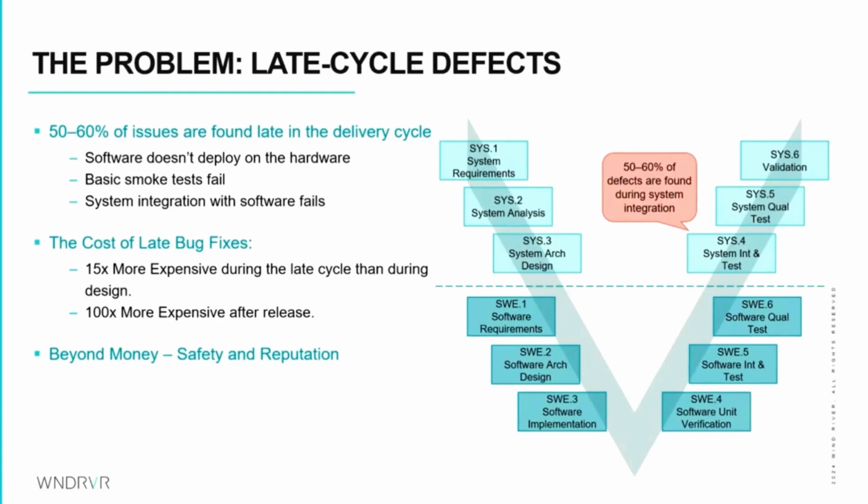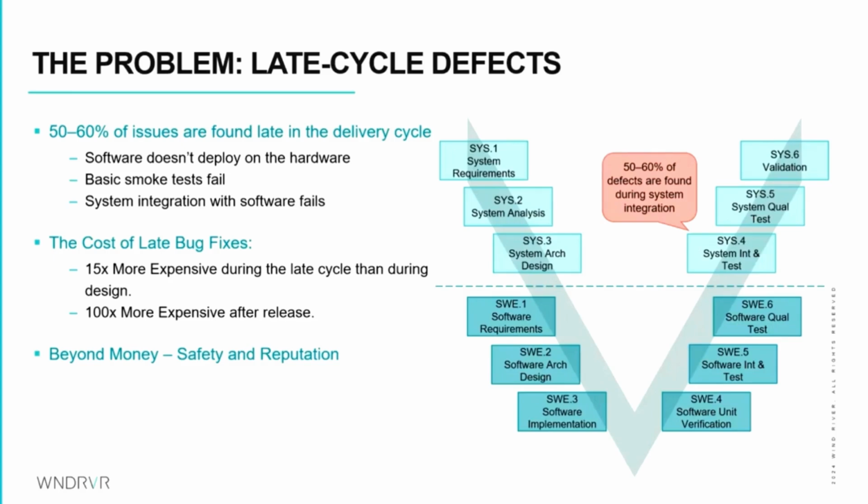This is a major problem because fixing a late cycle bug can cost up to 15 times more than it would cost during design, and a staggering 100 times more after release. Think about it. That delayed smartphone launch, those millions spent on car recalls, all avoidable with earlier bug detection.